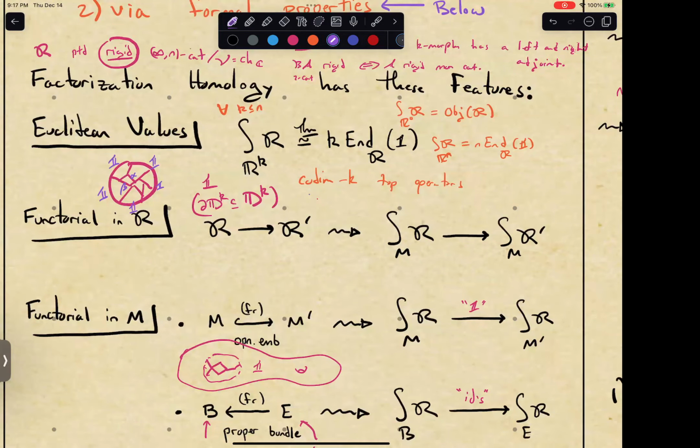So Khovanov homology, maybe as you know, is expected to be a four-dimensional theory characterized by its point, line, and surface operators, and nothing else.